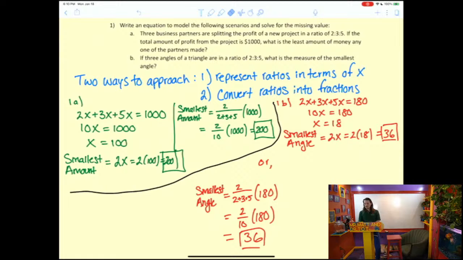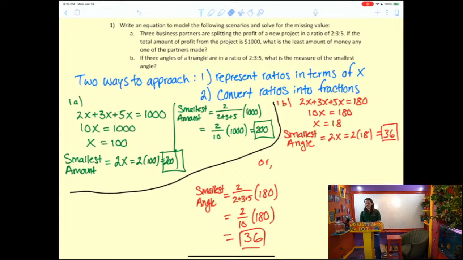But I also wanted to explain the separate method that you could use to solve here. Remember that ratios are just the comparison of the numerators of fractions that have the same denominator. So you can immediately convert any ratio element into a fraction by taking the ratio element as the numerator and then adding up all the ratio elements to get the denominator.